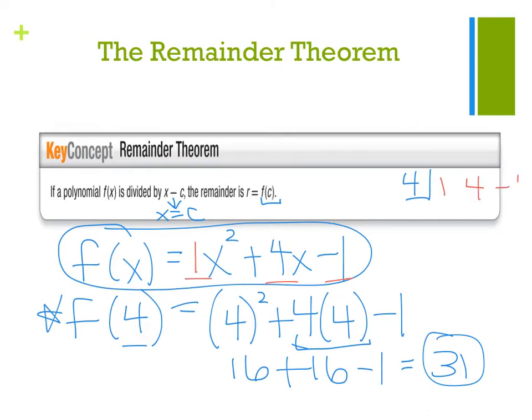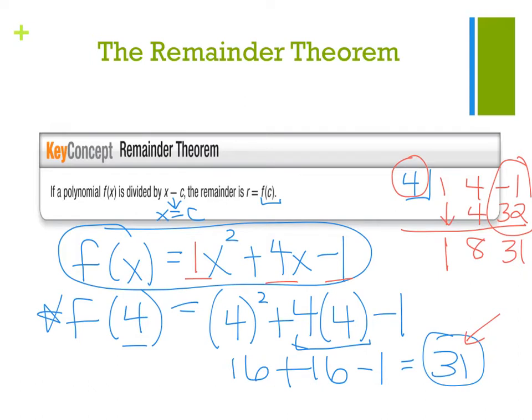If I carry out synthetic division, I already know what my remainder is going to be: 31. So I carry down the 1. 1 times 4 gives me positive 4. 4 plus 4 is 8. 8 times our divisor of 4 is 32. And when I add this column, 32 and negative 1, I get 31.